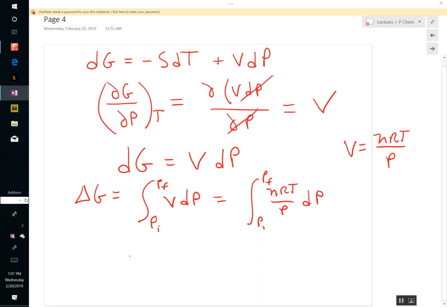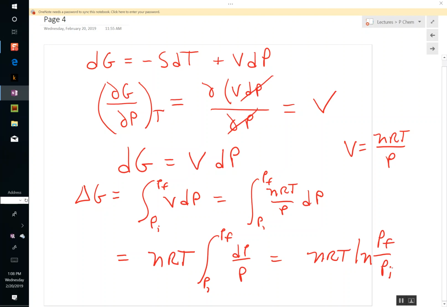So that is equal to nRT dP over P, which then becomes just nRT times the log of P final over P initial.